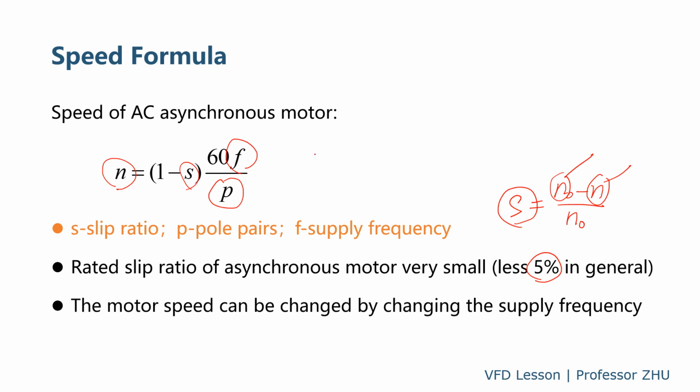So you can see that by changing the frequency of the motor, the motor rotational speed can be changed at the same time, which is also linear. It means the speed and the frequency are in a linear function.